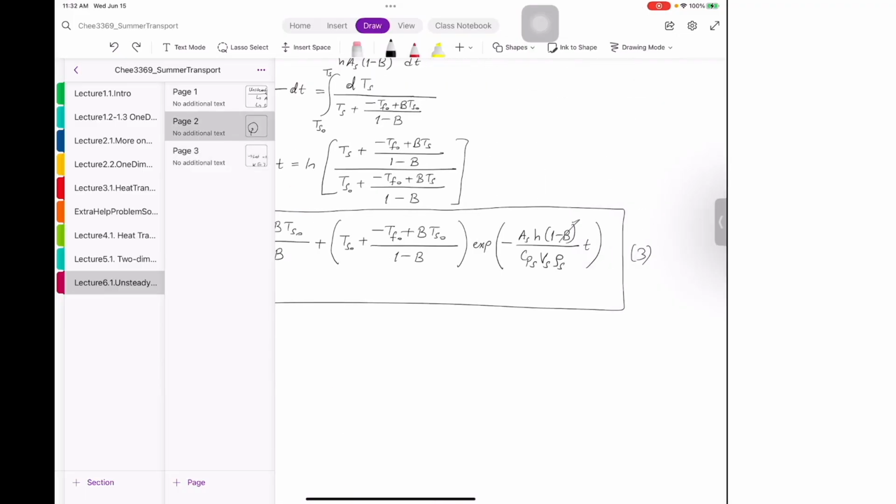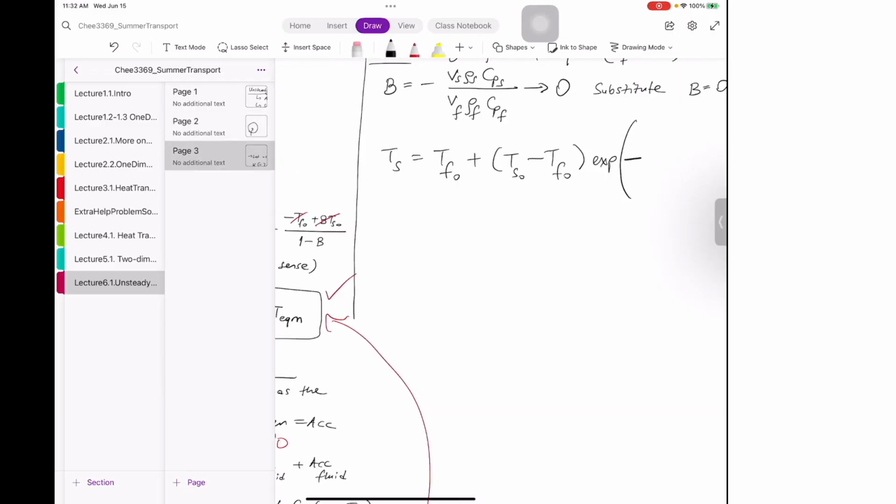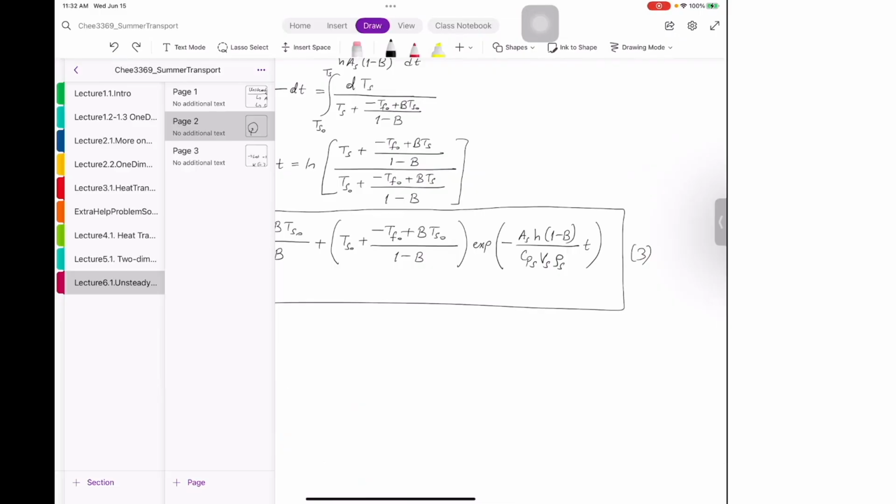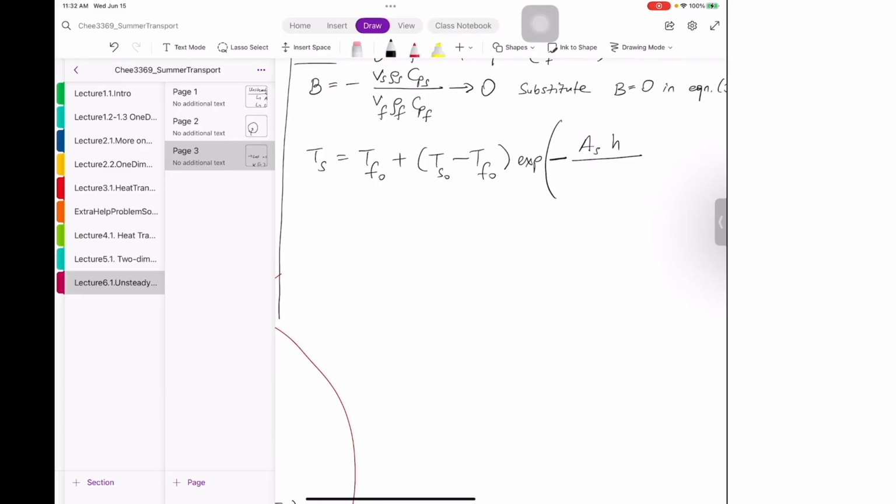Okay, so B is 0, so you just have this term here, minus A h over Cps Vs rho s, times t. Okay.